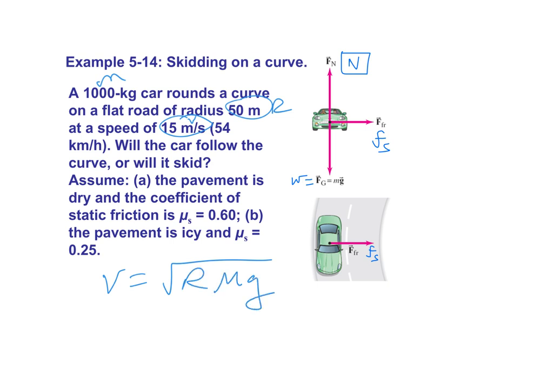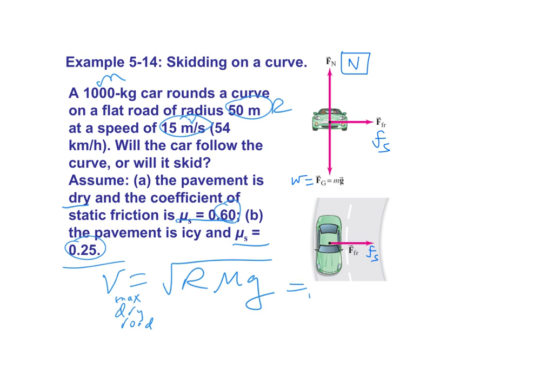So we got the coefficient of friction when it's on a dry road and the coefficient of friction when it's on an icy road. So this is an icy road. The coefficient is much smaller than on a dry road. Okay, so let's figure out the maximum speed on a dry road.